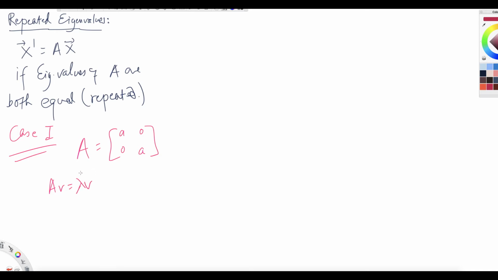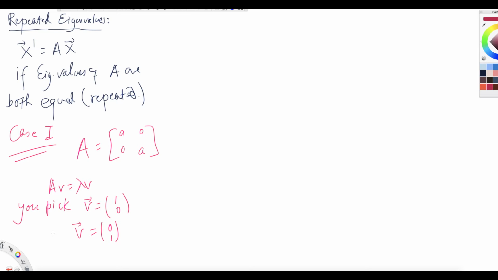Both eigenvalues lambda 1 and lambda 2 will be the same, so you will be free to pick the vector v. For one eigenvalue you can pick 1, 0, and for the other eigenvalue you can pick 0, 1. So in this case you will get two independent eigenvectors.